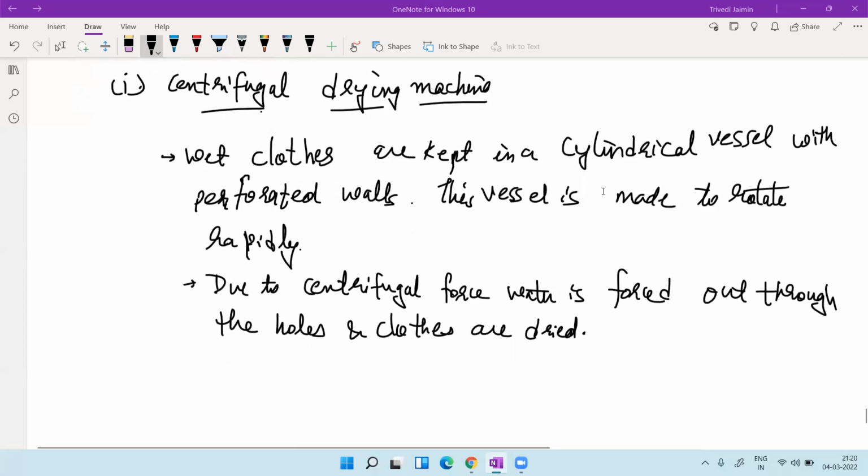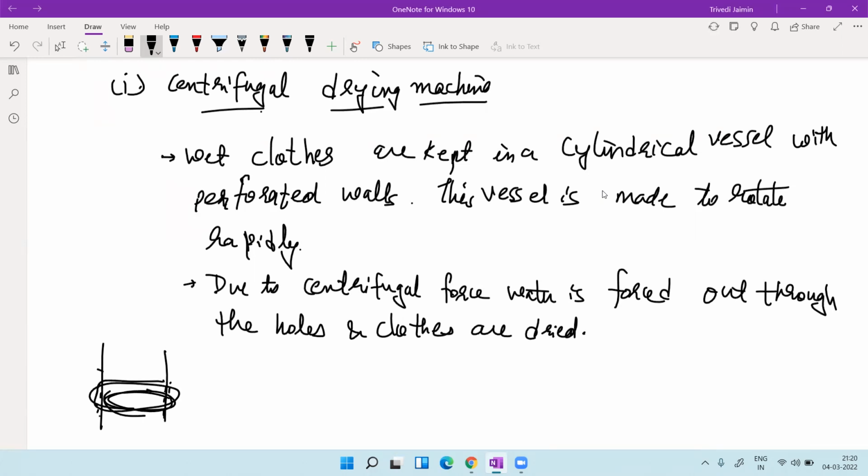Okay, fine. See, what is happening is there is a wall, and there will be holes in that. The clothes are rotated in a cylindrical manner, but very fast, rapidly. The speed is so high that the water inside will hit the wall and move outside. Again it will hit and move outside.